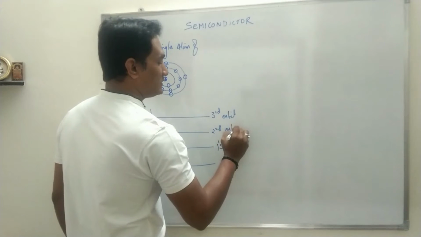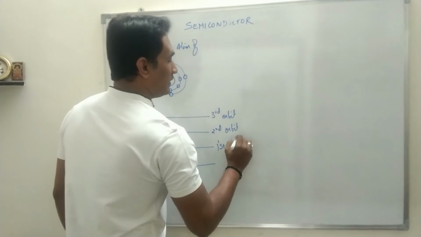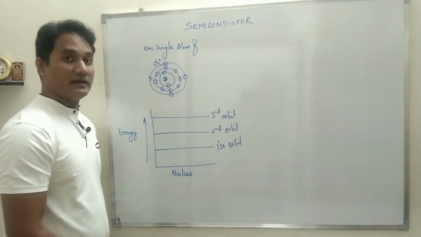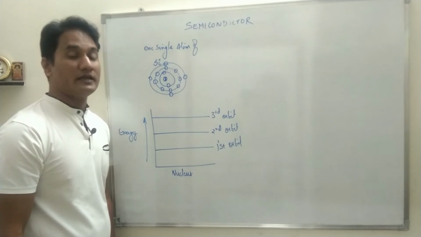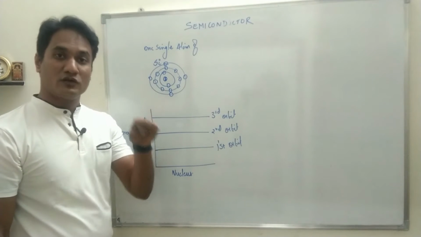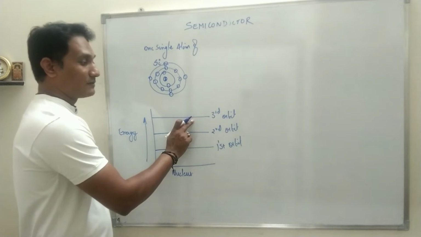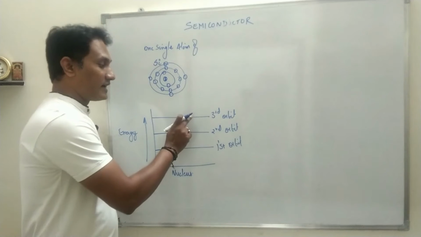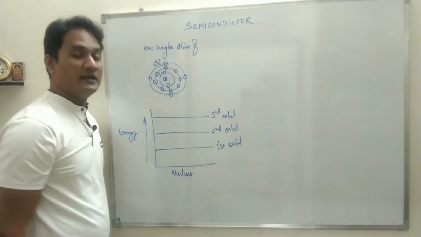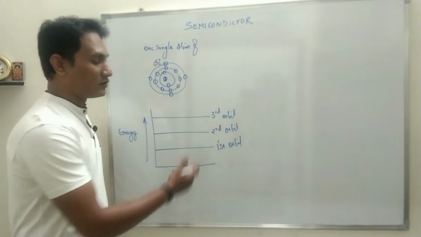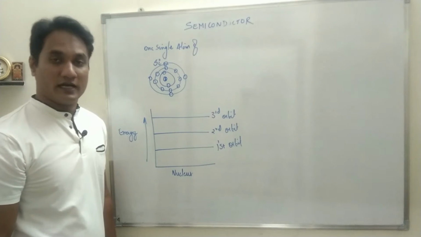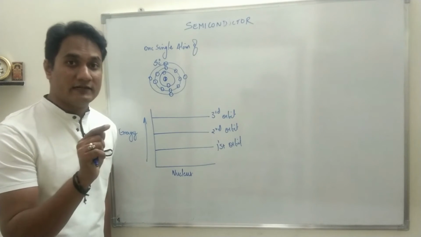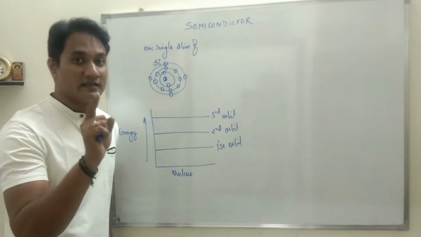As you move away from the nucleus, the energy will keep on increasing, but the attraction with the nucleus will keep on decreasing. So the electrons in the third orbit have more energy as compared to the second and first, but they are less attracted to the nucleus as compared to the electrons in the second and first orbit. I hope you have understood. So this is nothing but the graphical representation of the energy levels of electrons for one single atom.